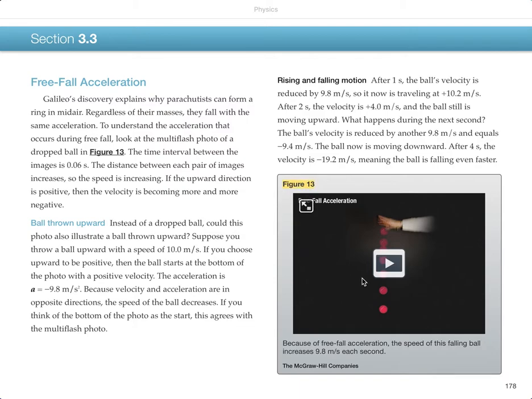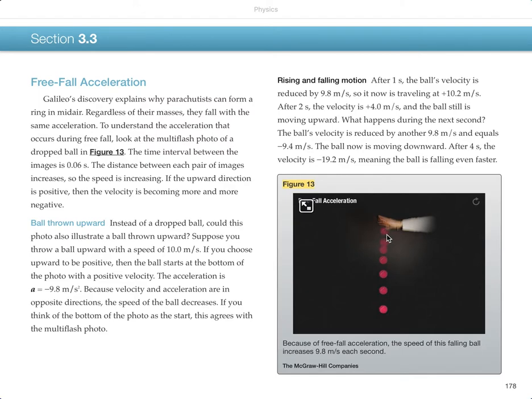A classic way to visualize free fall is a picture of something being dropped. So here we have essentially a motion dot diagram, because the ball is the dot. And what you can see is when you drop something, it falls further and further each second.